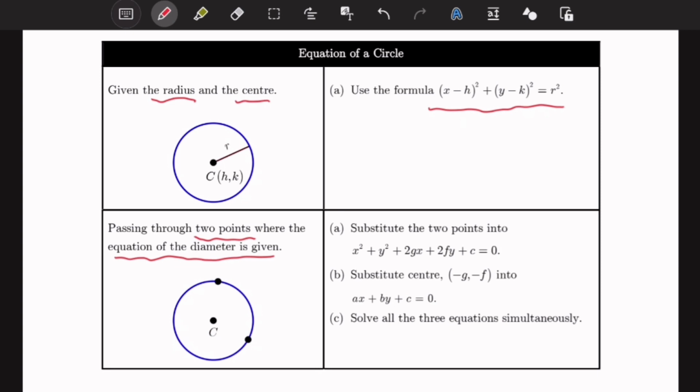What we need to do is substitute the 2 points into our general equation and substitute another point into the equation of the diameter. Then you need to solve all the equations simultaneously.